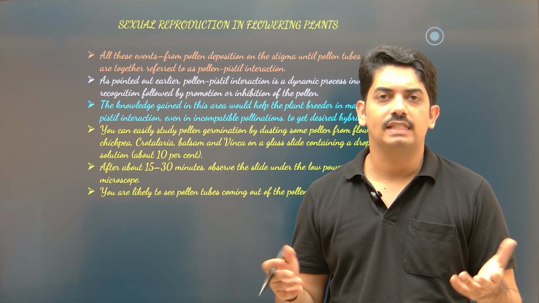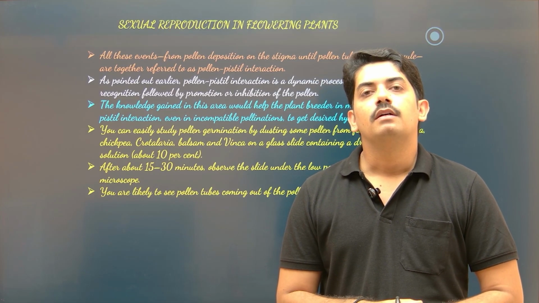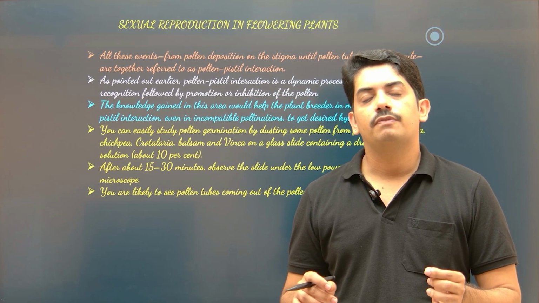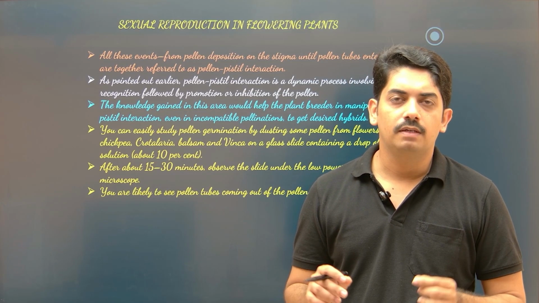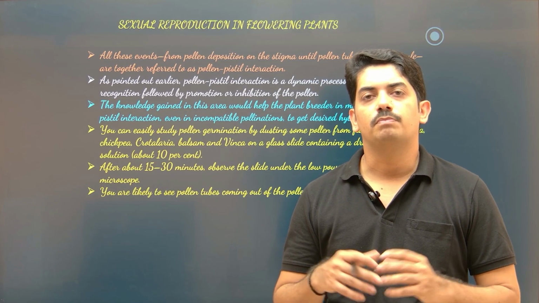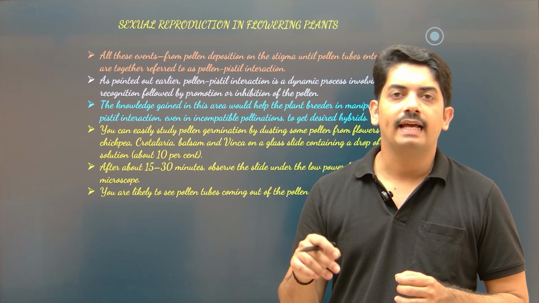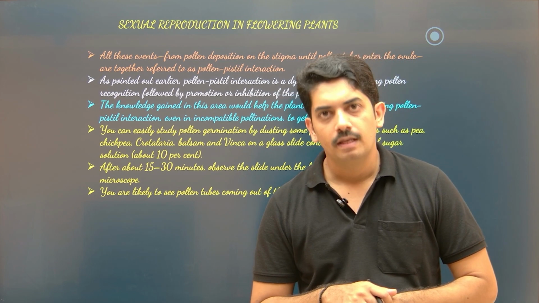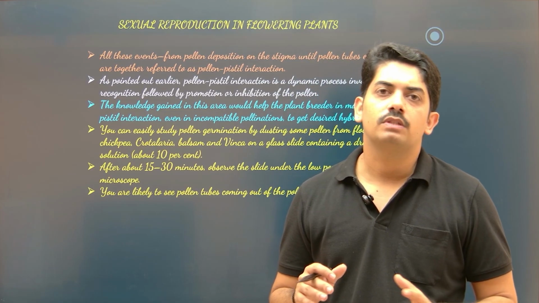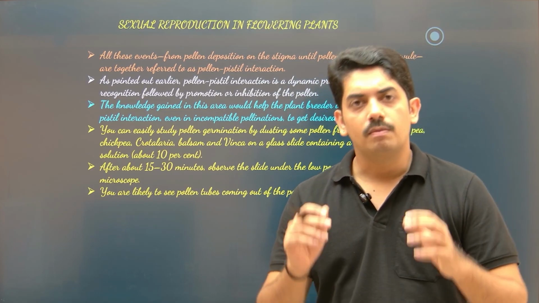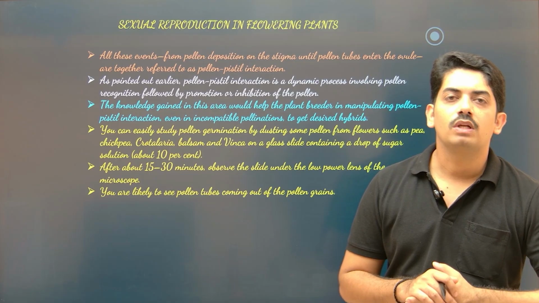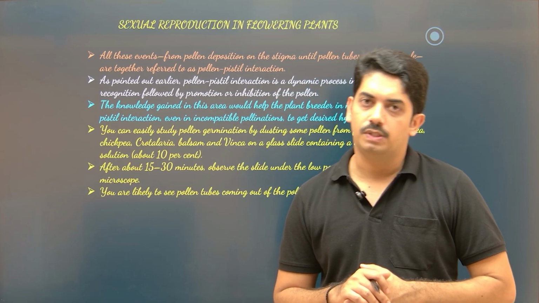You take pollen grains like hibiscus, from a very young flower, that means a flower which blooms in the morning, and dust these pollen grains on a slide having 10% sucrose solution. Keep this slide for 20 to 30 minutes for observation. Then observe the slide. You see the pollen grains forming pollen tubes.